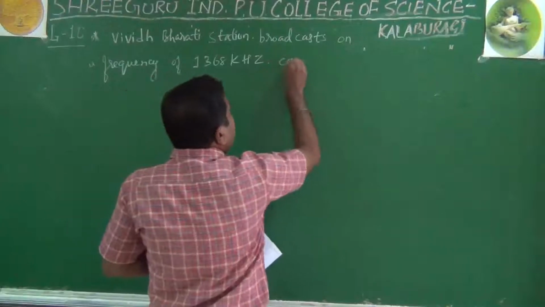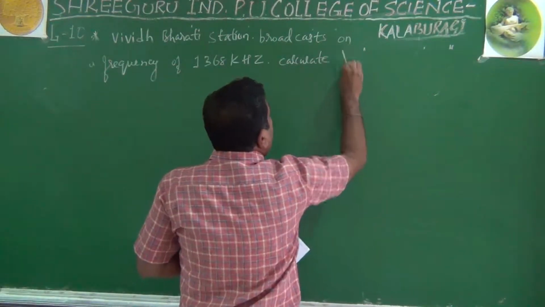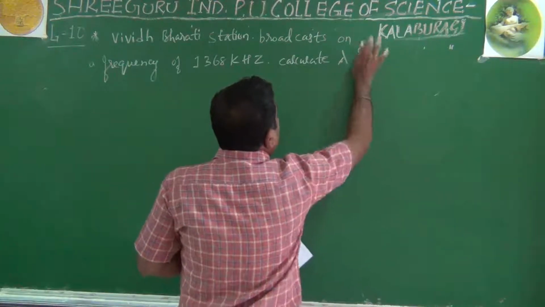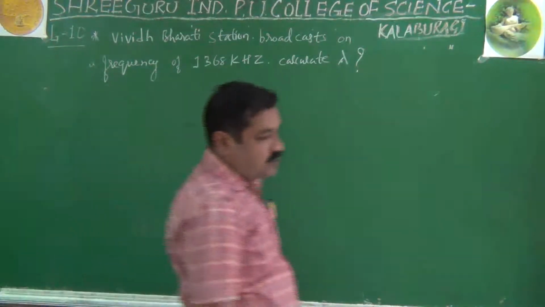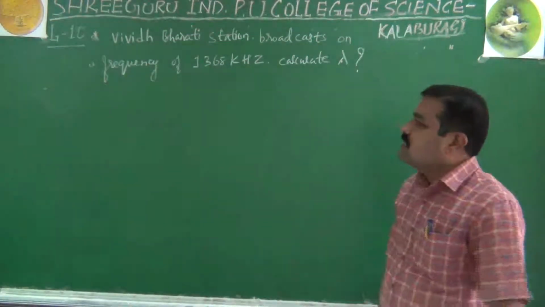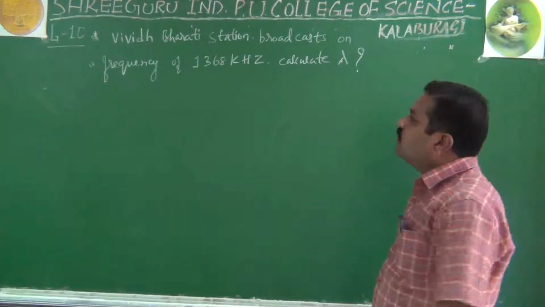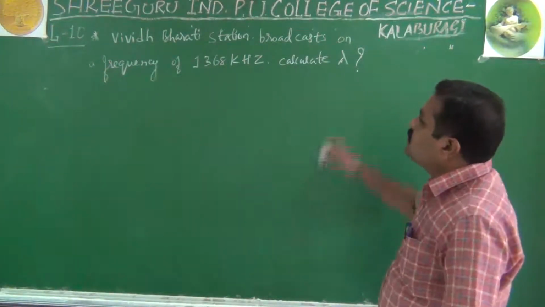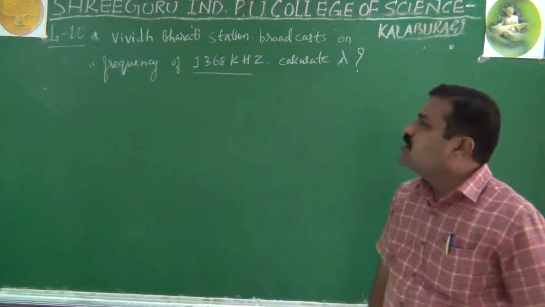Calculate the wavelength, calculate lambda, of the frequency that is broadcast by Vividh Bharati, the radio station. Generally we come across a program on radio from Vividh Bharati that broadcasts on a frequency of 1368 kilohertz.